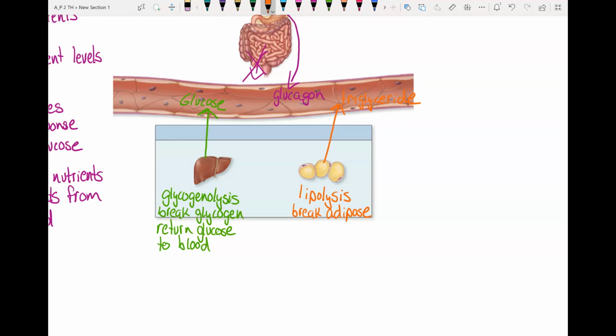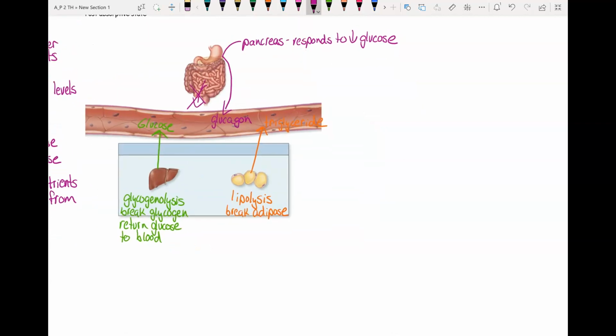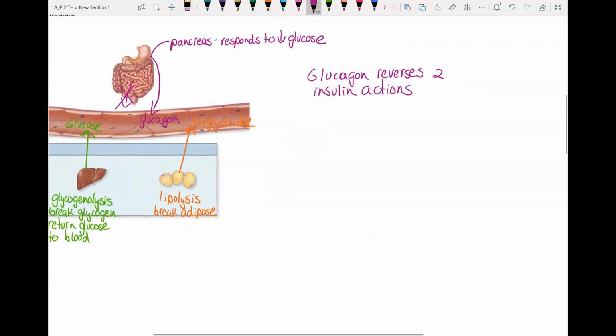So notice that glucagon reverses only 2 of the things that insulin did. There's other things that glucagon does not do.